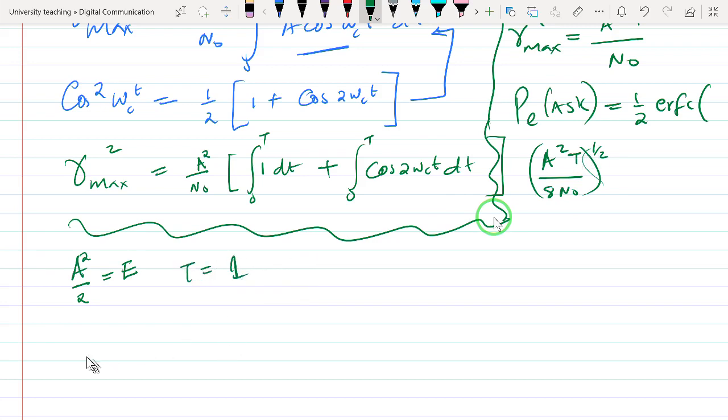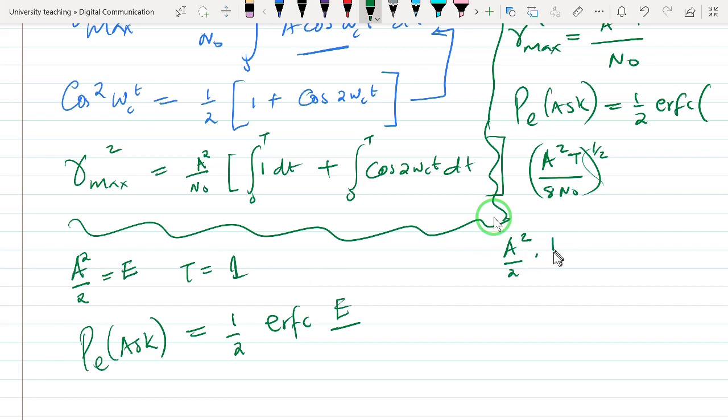Then we can say that the probability of error for ASK can simply be found to be 1 over 2 ERFC of E divided by, let me just break it down here, E squared over 2, we have said T is equal to 1, so 1 divided by 4 n naught.